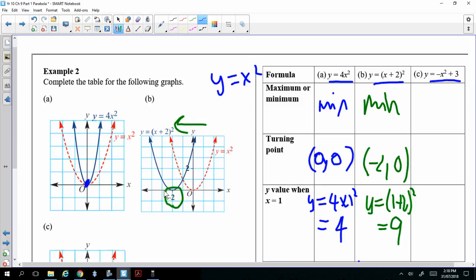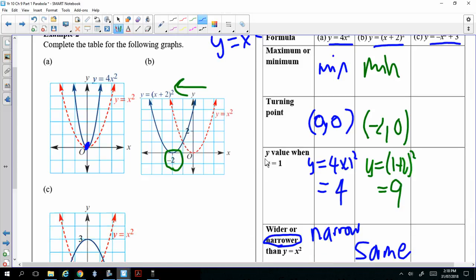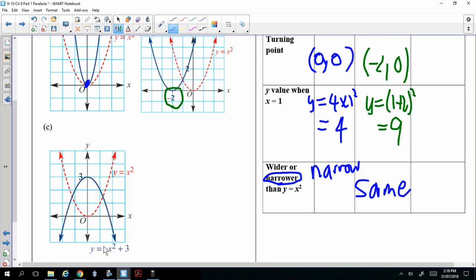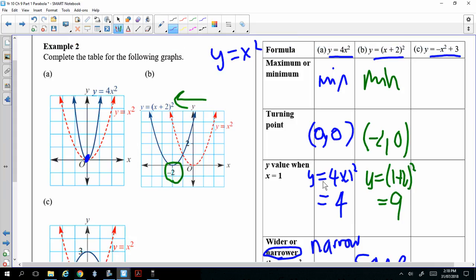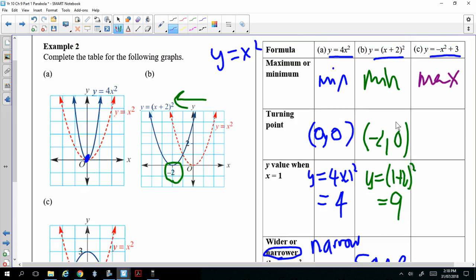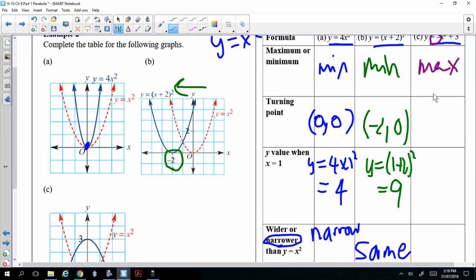Okay, let's look at the last one. Last one's over here. Y equal to -x squared plus 3. So what's the max or min? It's max, right? Because it's concave down. And you will see that when there's a negative, it's concave down. When it is positive, it's concave up. So for the maximum turning point, what would the coordinate of the turning point be?